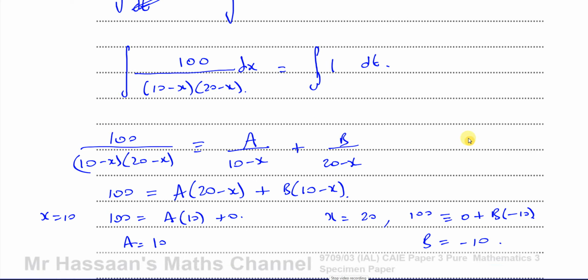So now we can write down that this is actually equal to 10 over 10 minus x minus 10 over 20 minus x. So that's what this will become. So I can now rewrite this integral as 10 over 10 minus x minus 10 over 20 minus x.